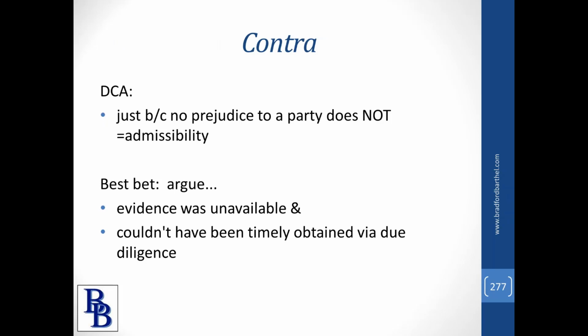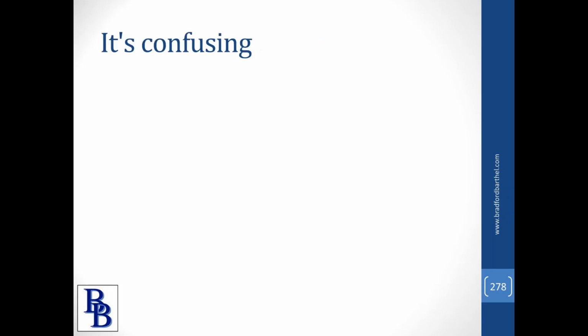But you better provide evidence of efforts to conduct due diligence, such as setting the doctor's examination earlier, prior to the DOR, for example. You certainly don't want to argue that I finally got around to it. After 3 years of discovery, I finally got around to scheduling the doctor's appointment right after I got the DOR.